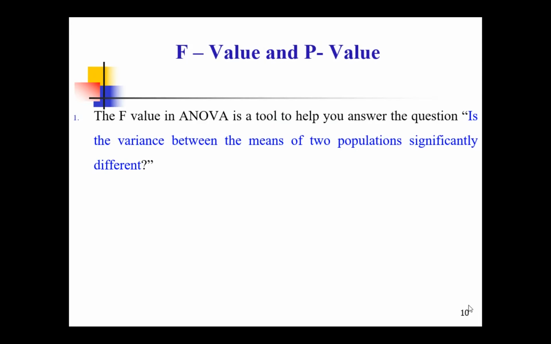For example, cutting speed and feed rate over surface roughness. So what is the variance between these two? How are we going to determine if there is a significant variance or not? By using this F value, I can identify whether the variance between the means of two populations, that is cutting speed and feed rate, is significantly different or not.